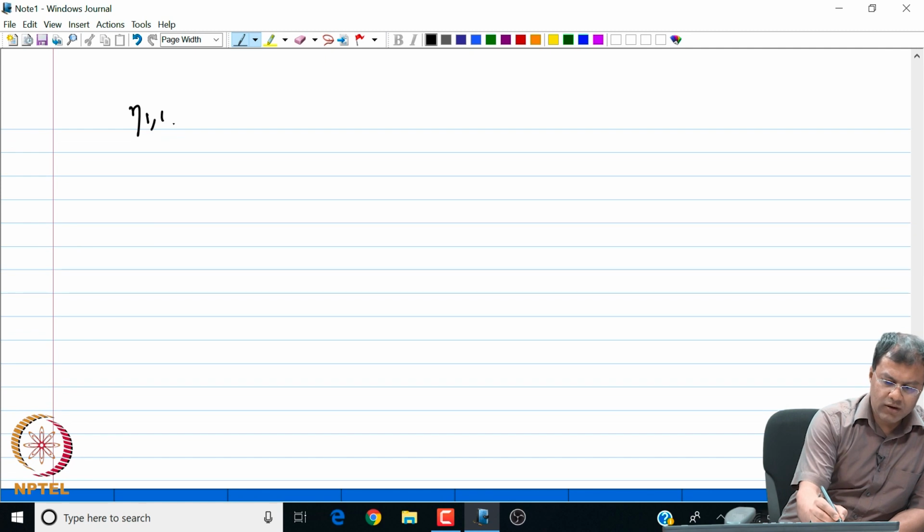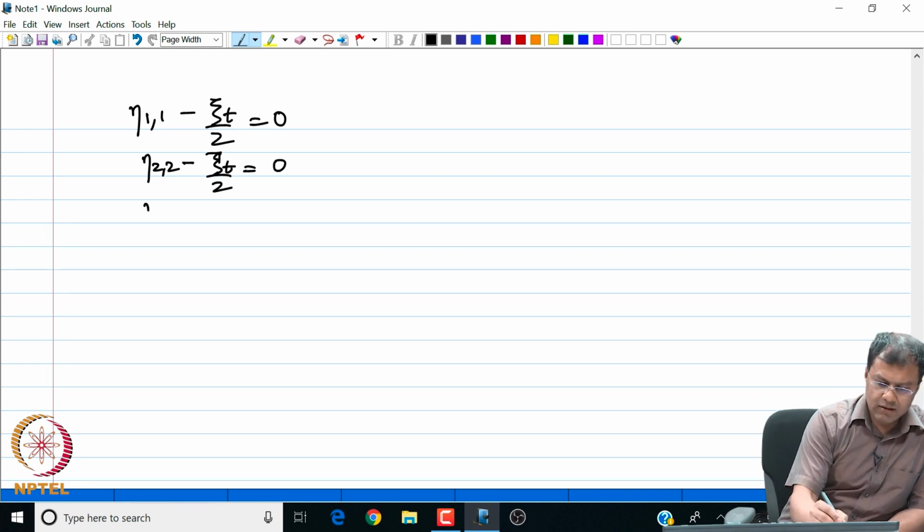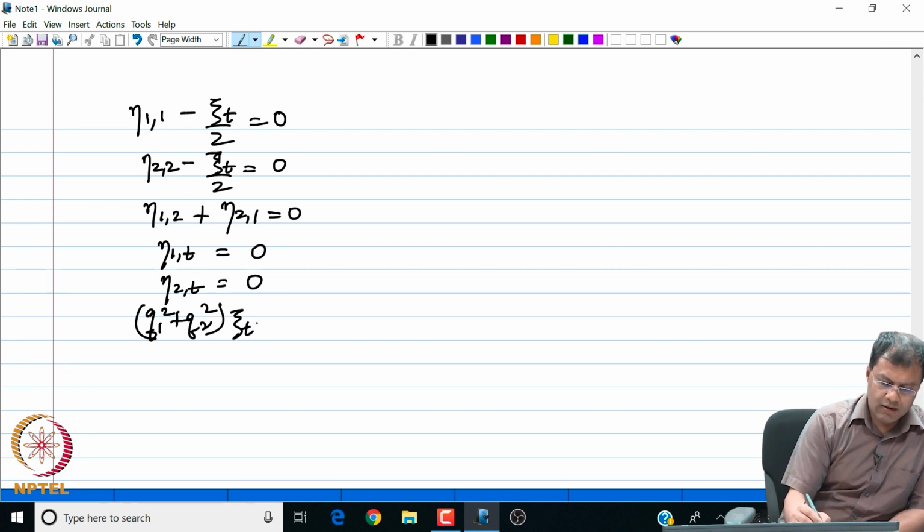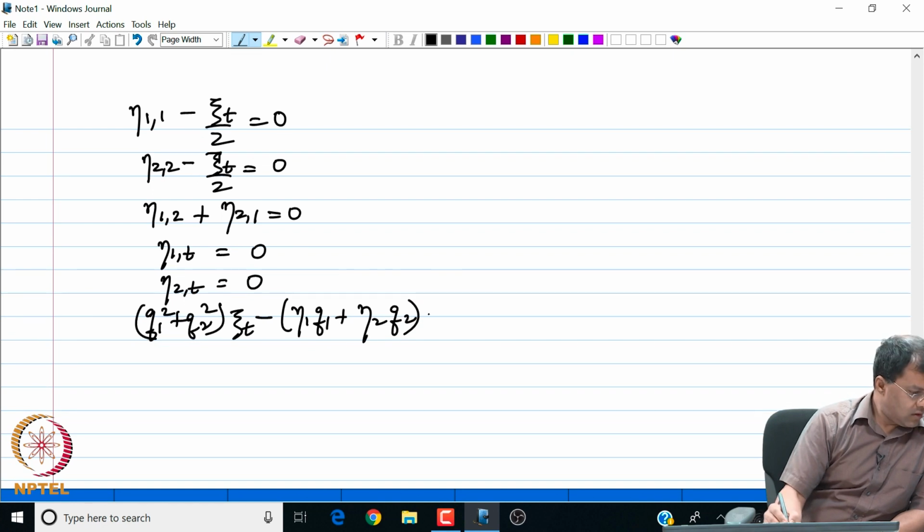The relations I get is eta 1 comma 1 minus xi t by 2 is 0, and eta 2 comma 2 minus xi t by 2 is equal to 0, the third relation is eta 1 comma 2 plus eta 2 comma 1 is equal to 0, and I also get eta 1 comma t is equal to 0 and eta 2 comma t is equal to 0, and finally the relation q1 square plus q2 square of psi t minus eta 1 q1 plus eta 2 q2 set equal to 0.